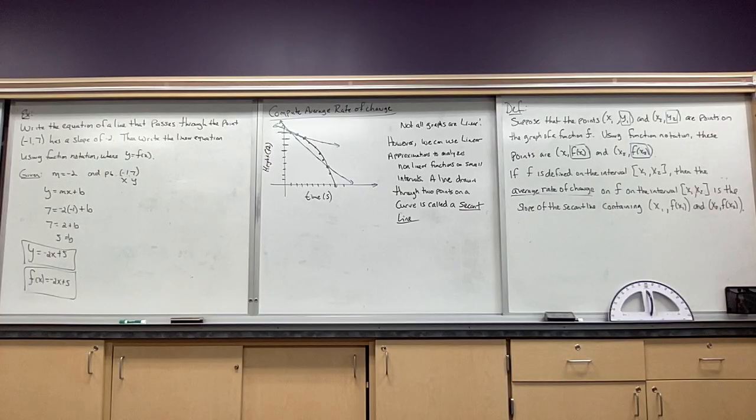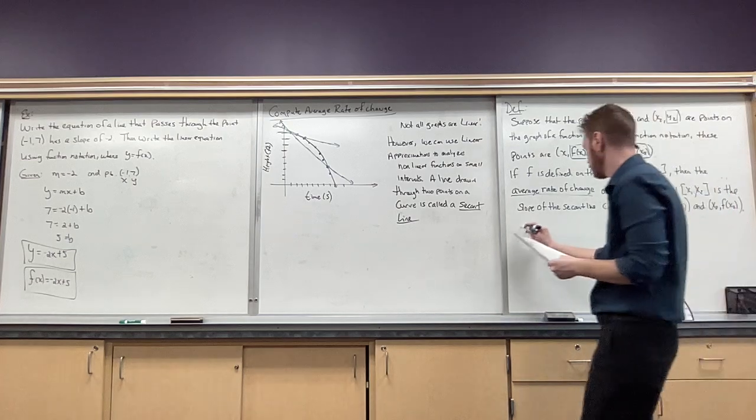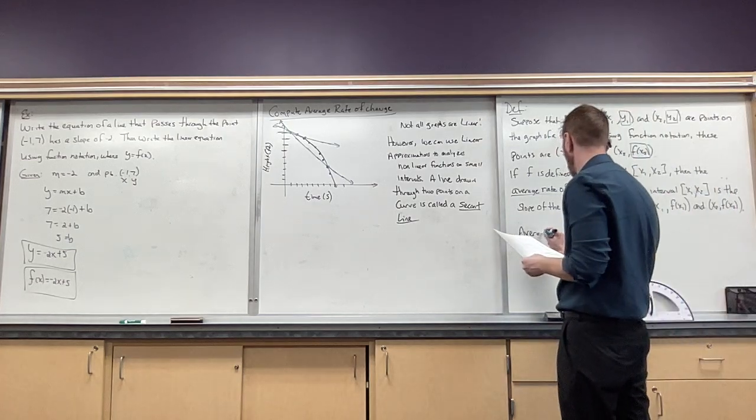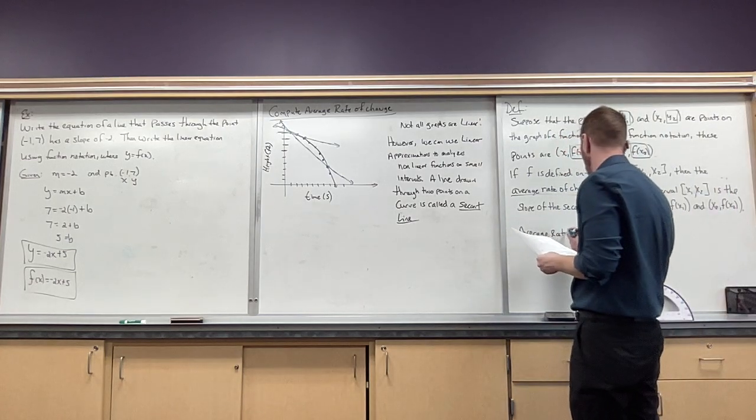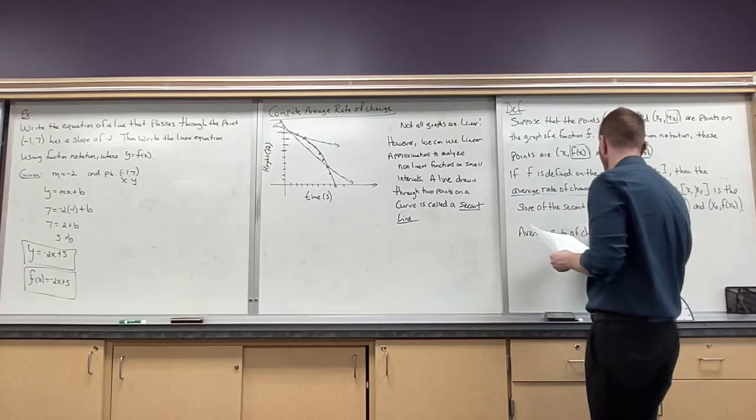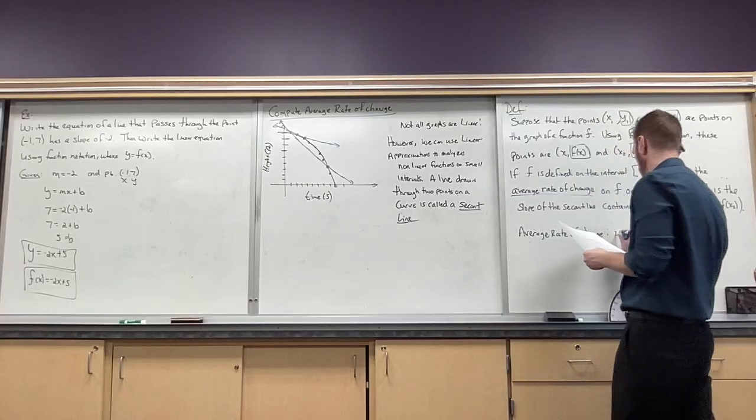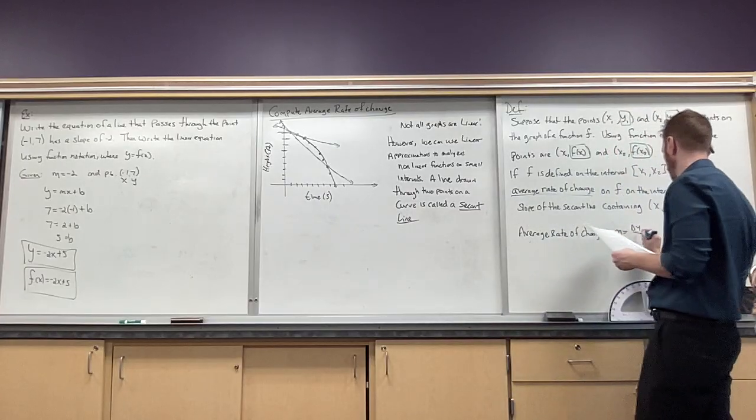Okay, so if f is defined on this interval, which is what I drew over there in the graph, like pick 2 points, what 2 x values are we talking about, then the average rate of change on that interval is the slope of that secant line. Okay, so that's what we're doing. So let's write the formula down. So the average rate of change is the following.